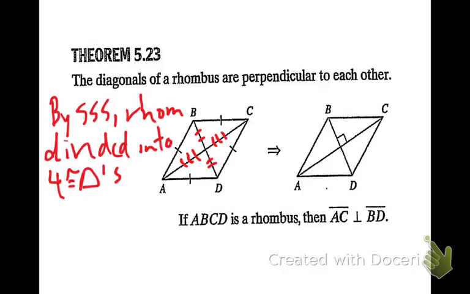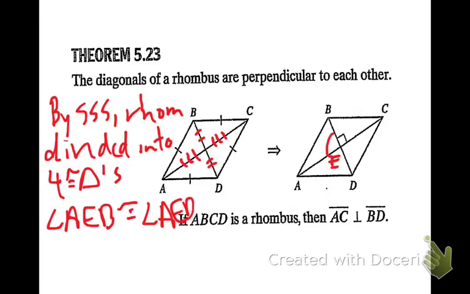Let's make this point here in the middle E, where the diagonals cross. We'll call that point E. Okay? Then we can say angle AEB is congruent to angle AED.